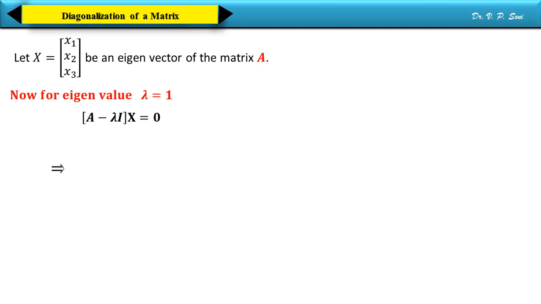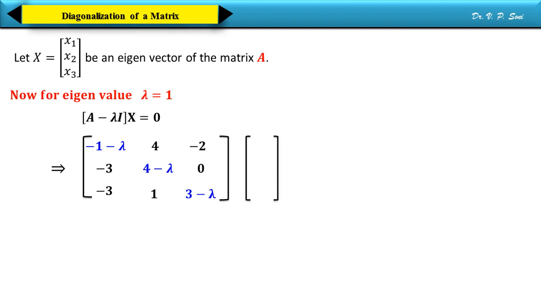This implies matrix whose first row -1 minus lambda, 4, -2, second row -3, 4 minus lambda, 0, third row -3, 1, 3 minus lambda, into column matrix x1, x2, x3 equal to column matrix 0, 0, 0.